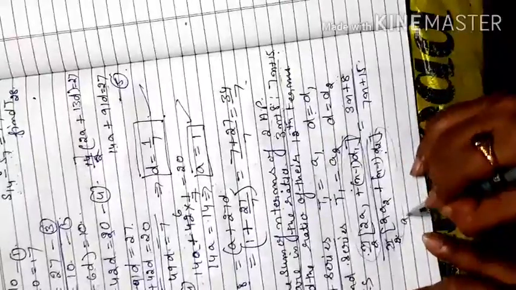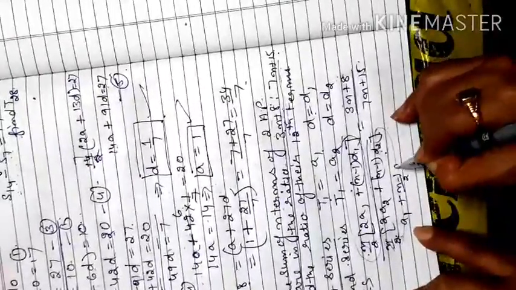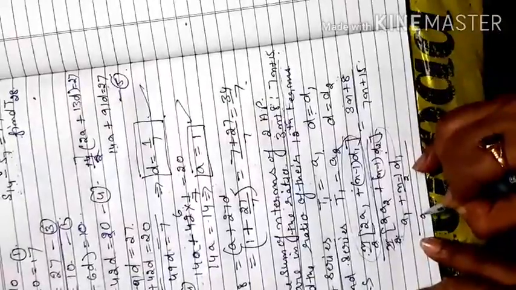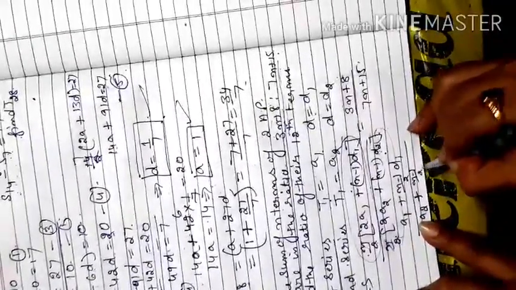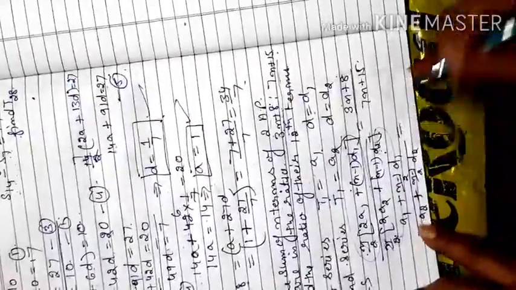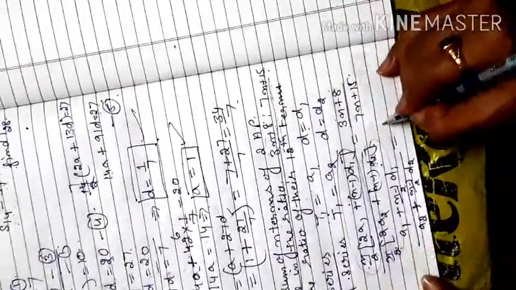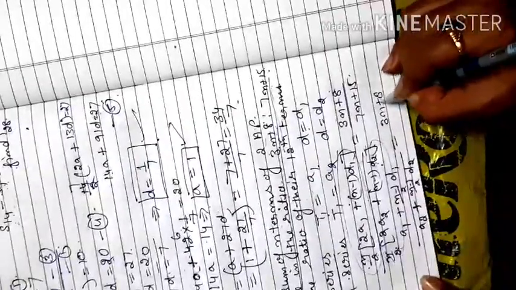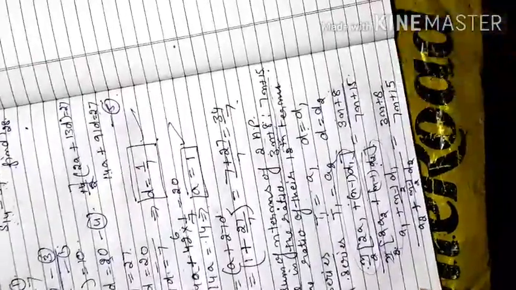So that gives me a1 plus (n minus 1)/2 d1, then a2 plus (n minus 1)/2 d2. n is the same in both cases, so we keep n the same in both series. So that is 3n plus 8 and this is 7n plus 15 as it is.